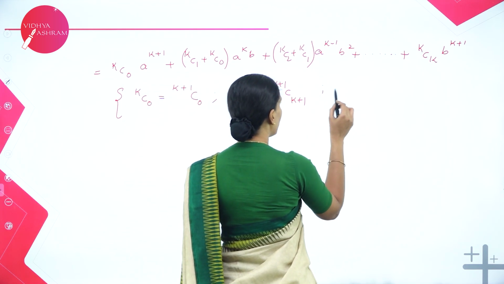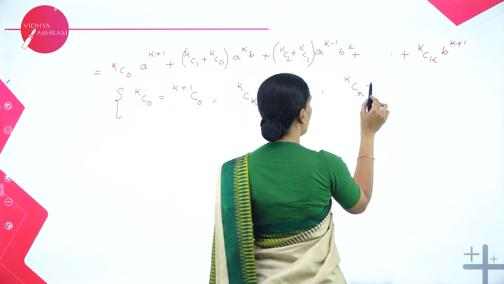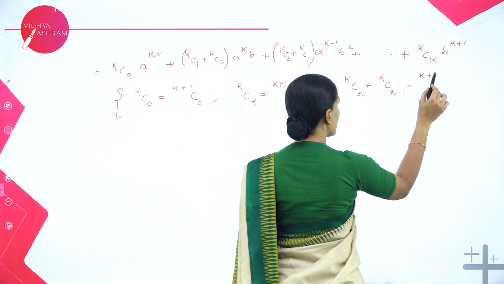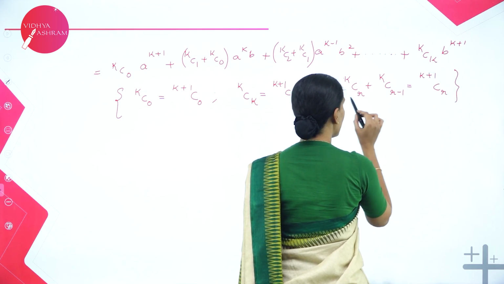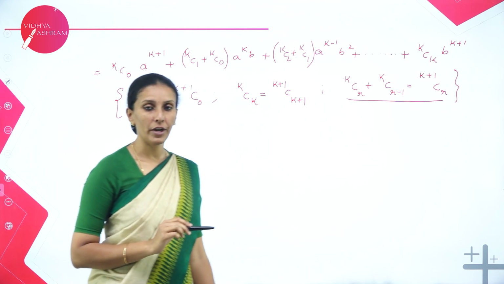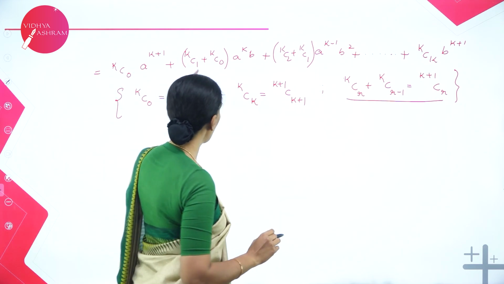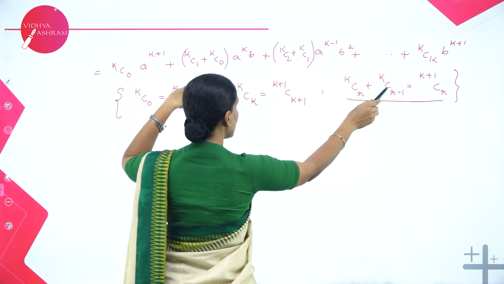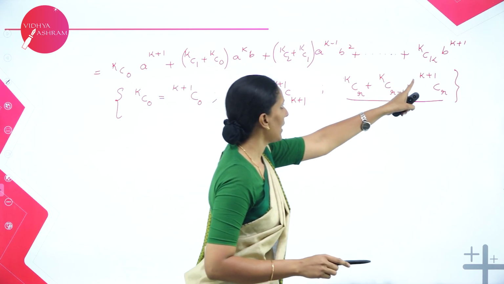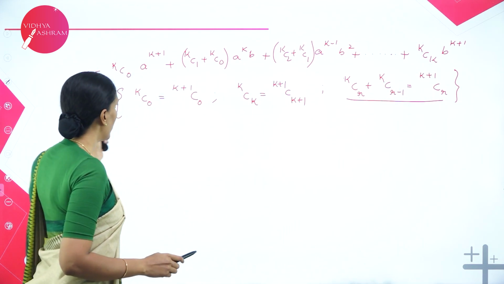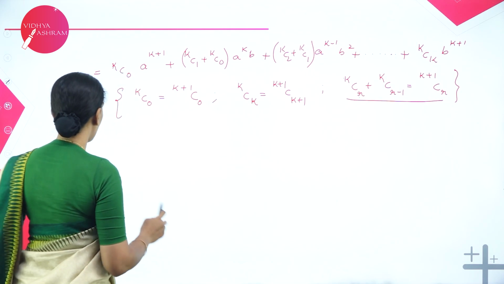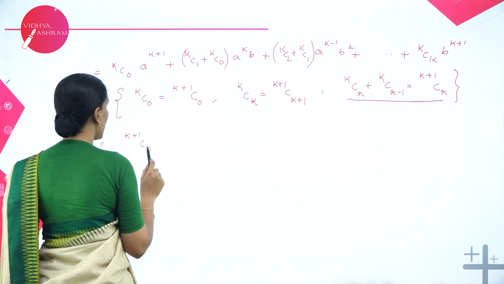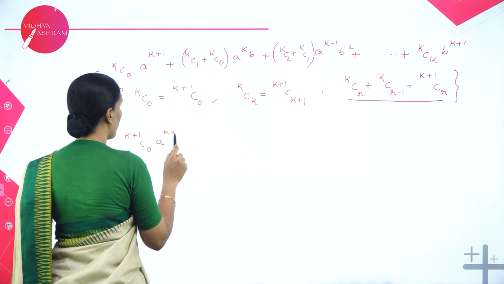And also we know that kCr plus kC(r minus 1) is equal to (k plus 1)Cr. We have proved this result in the chapter permutation and combination. So now we observe here, if I take r as 1, then it is kC1 plus kC0, which can be written as (k plus 1)C1. So using all these properties in the given statement, this can be written as (k plus 1)C0 a to the power k plus 1.